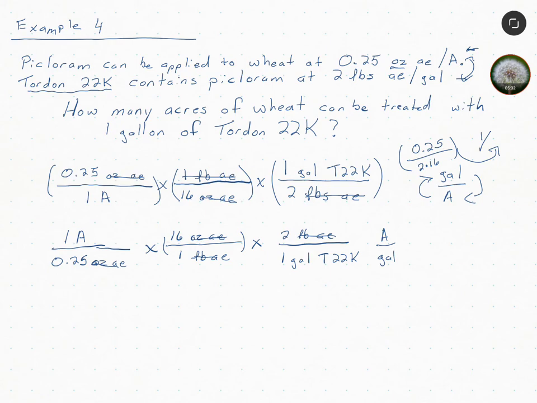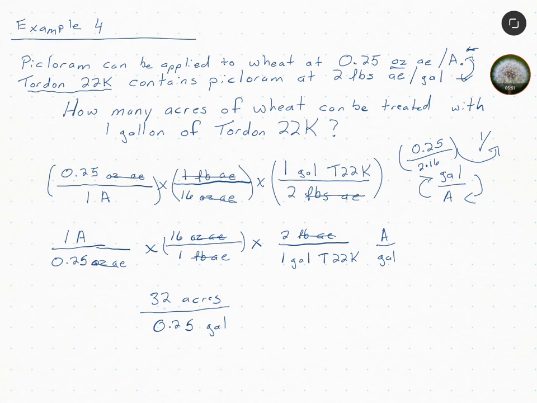So if we do that, we can take 16 times 2, which is 32 acres, divided by 0.25 times 1 times 1, which is 0.25 gallons.